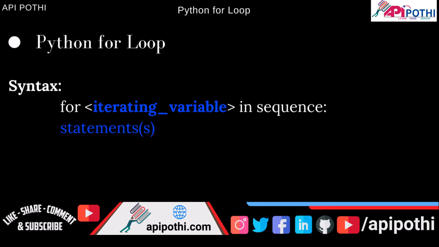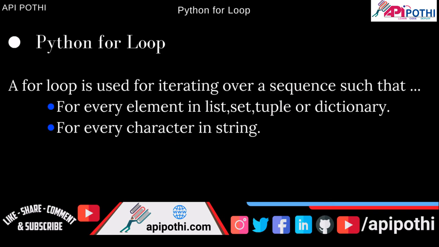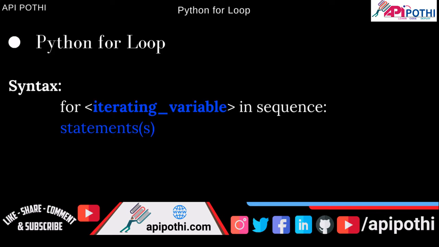Then the sequence from where we are getting the values. If you are getting from a list, it will be a list object. If you are getting from a set, it will be a set object. If from a tuple, dictionary or a string, respectively their object. And then there are the statements, whatever we want to perform after iterating that object. So this is the basic structure.